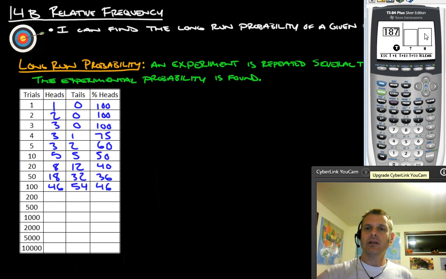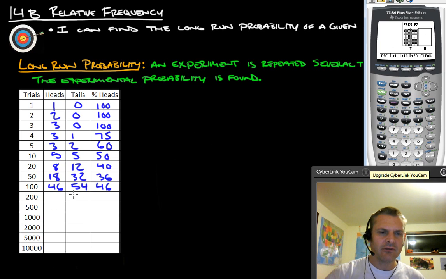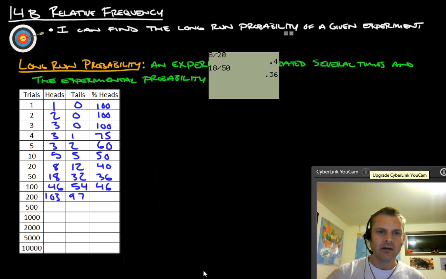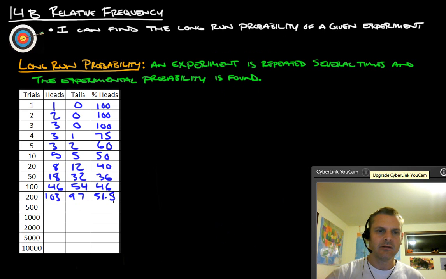But look, heads actually caught up and has passed tails at this point. So it is now at 97 for tails, which means 103 for heads. So we do 103 divided by the total amount, which is 200, which gives us 51.5%.